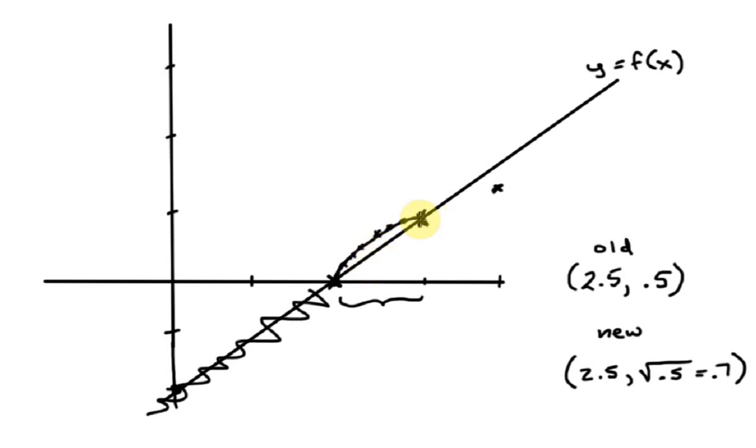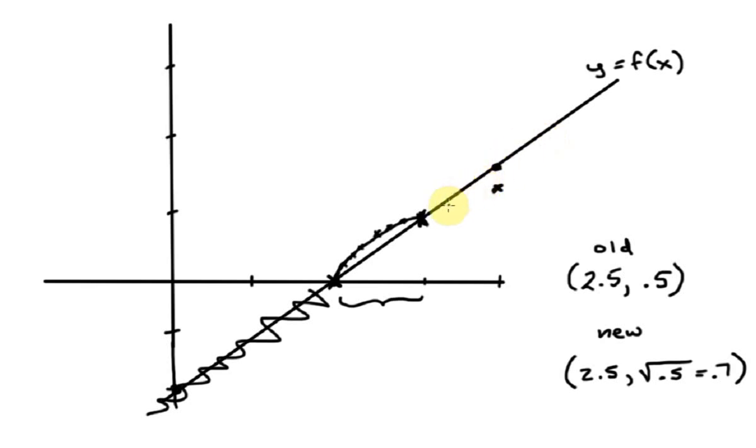Now that changes once we go beyond this little invariant point here. If you look at these guys here, and here's a good example of that, you'll see the original point was up here, okay? But when we square rooted it, it's below. And that's going to happen with all these points where their original y values were greater than 1.